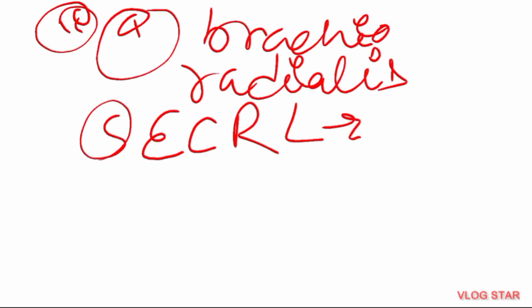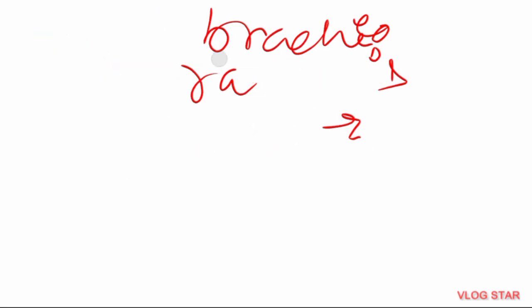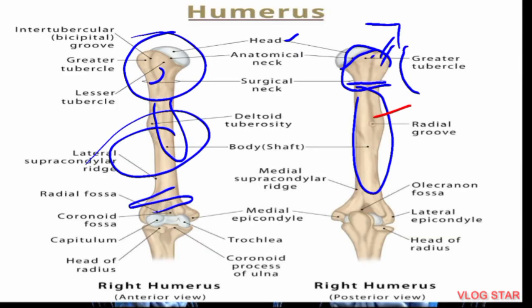And now let's study about distal end. Distal end, lower end of humerus is enlarged transversely to form condyles medial and lateral. Here you can see this is transversely enlarged to form medial condyle and lateral condyle, which consist of articular and non-articular parts.